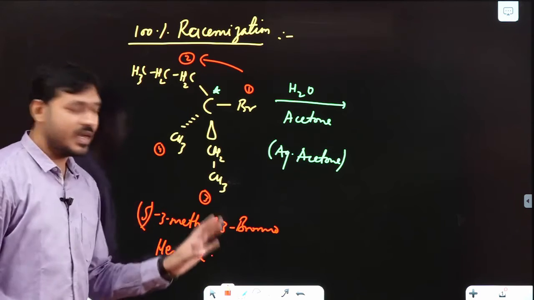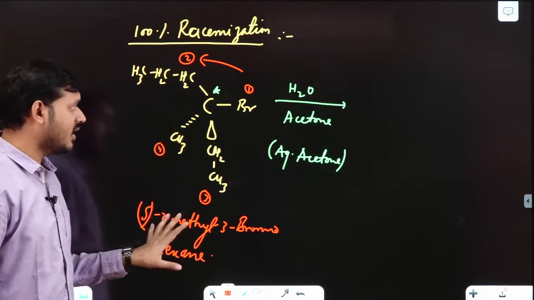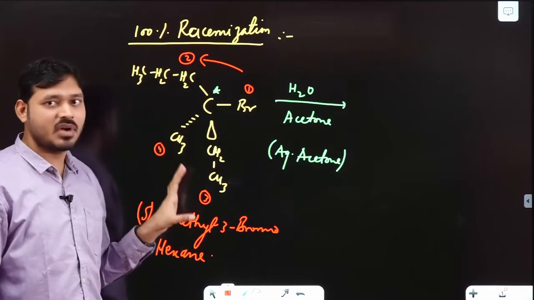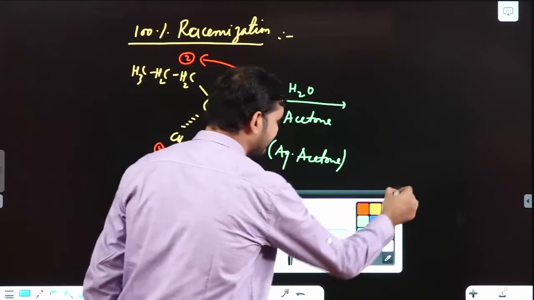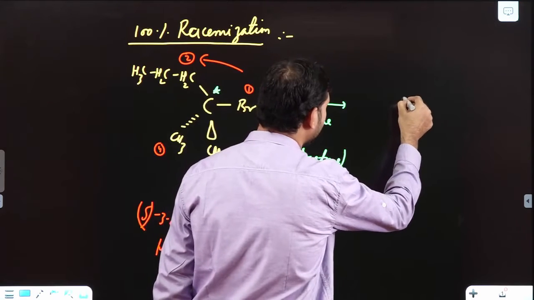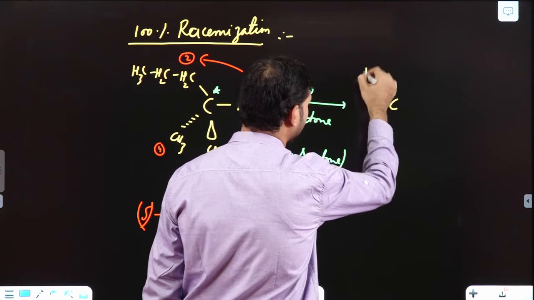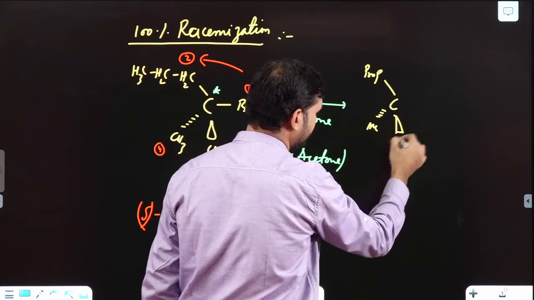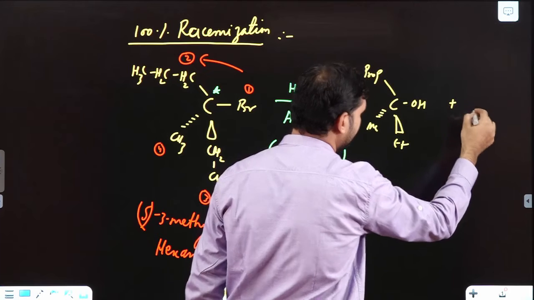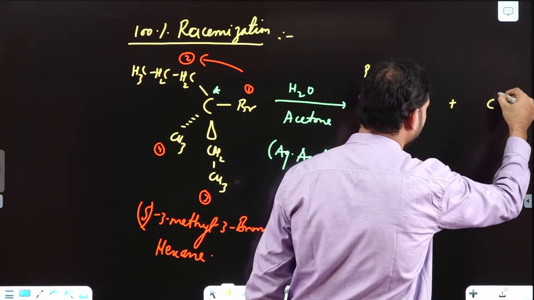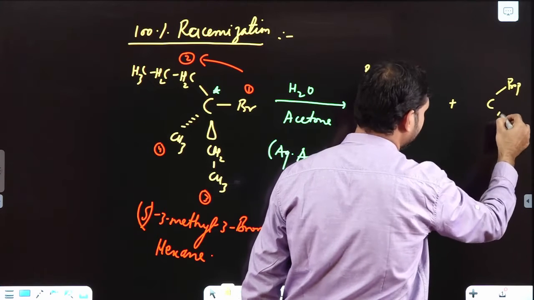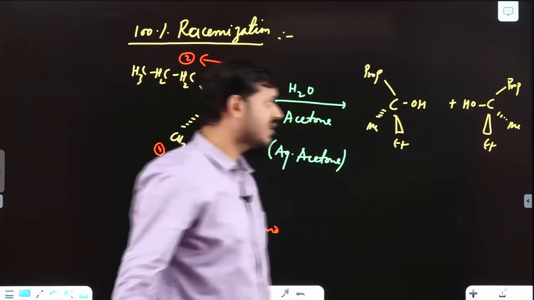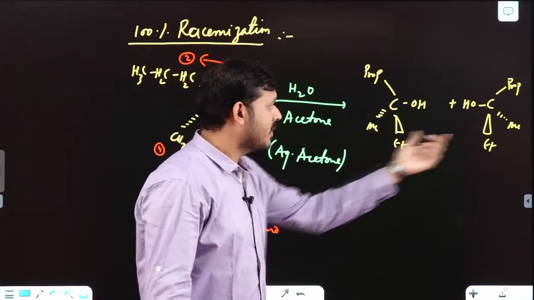So when S-3-methyl 3-bromo hexane is reacted in aqueous acetone, or simply by heating this optically active compound, you get a product which is, see, you can see this is perfectly a mirror image of each other.